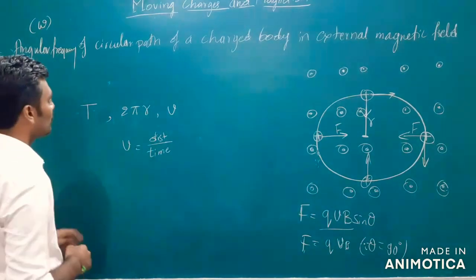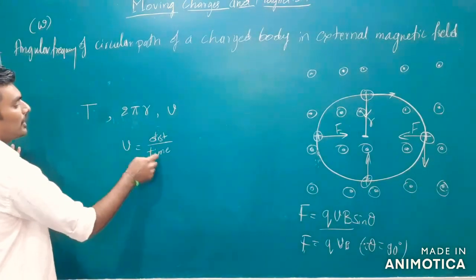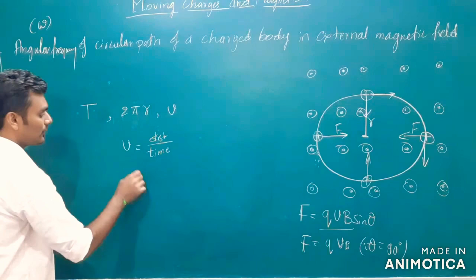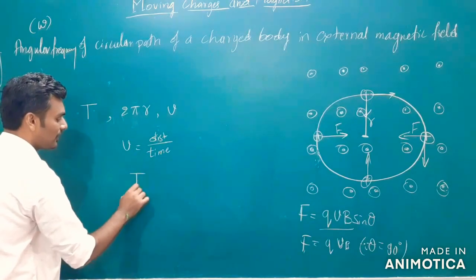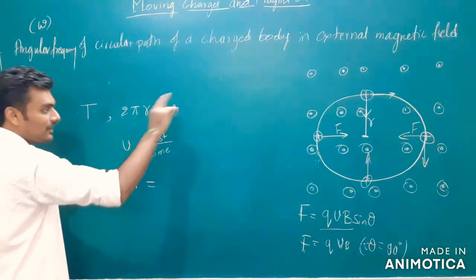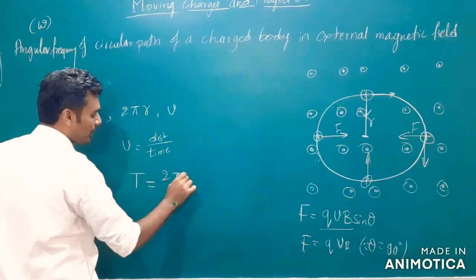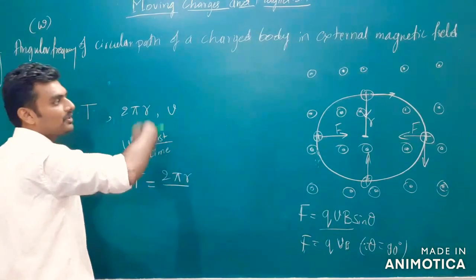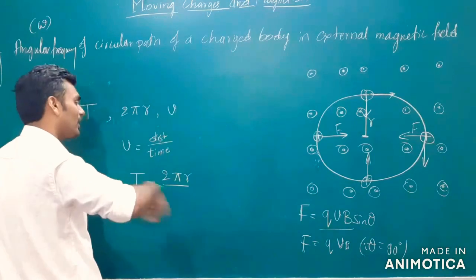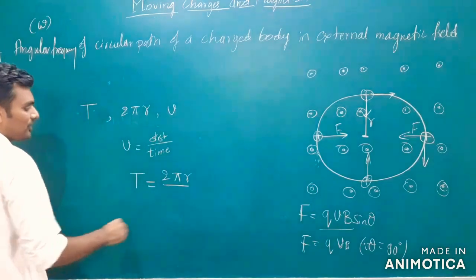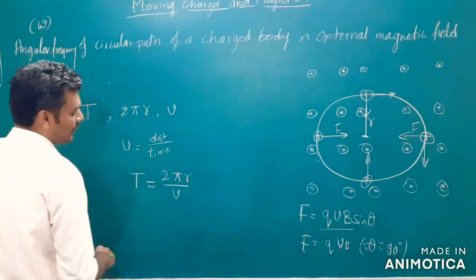So now time is distance by velocity. So time is the time period because it is for one revolution. Distance for one revolution is 2 pi r. The speed with which the body is moving, for one revolution or for ten revolutions, whatever, is v, right?